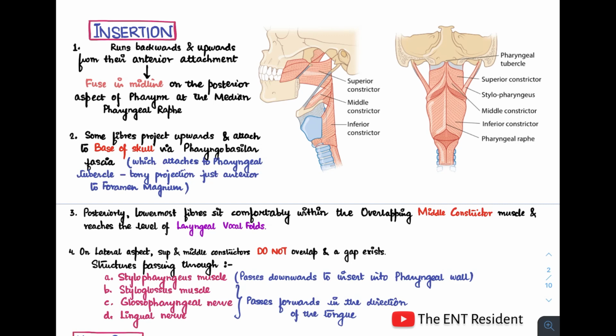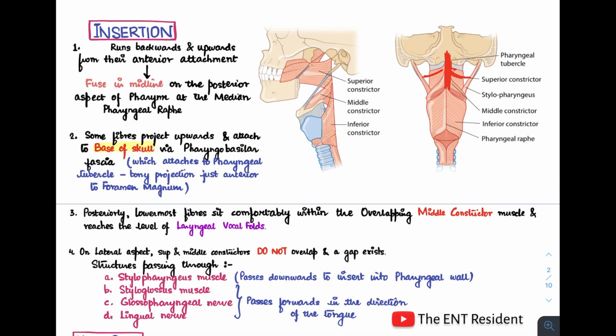As you can see here, these are both sides of the superior constrictor. They go upwards and backwards in this direction, and they fuse in the midline over here at the median pharyngeal raphe. Some fibers also project upwards and attach to the base of the skull via the pharyngobasilar fascia.